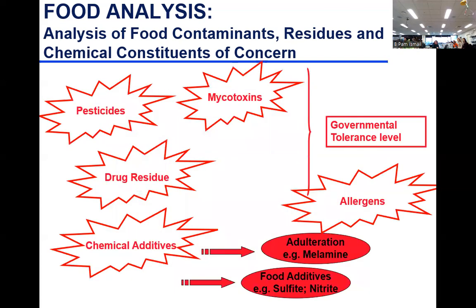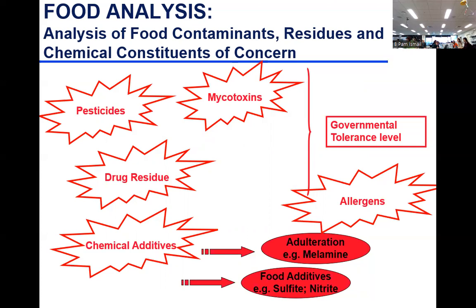So there are major ones that I'm going to talk about: pesticides, mycotoxins, antibiotics, allergens. What's the biggest recall? Allergens. Allergens are among the biggest recall in the food products. And then we have the chemical additives.